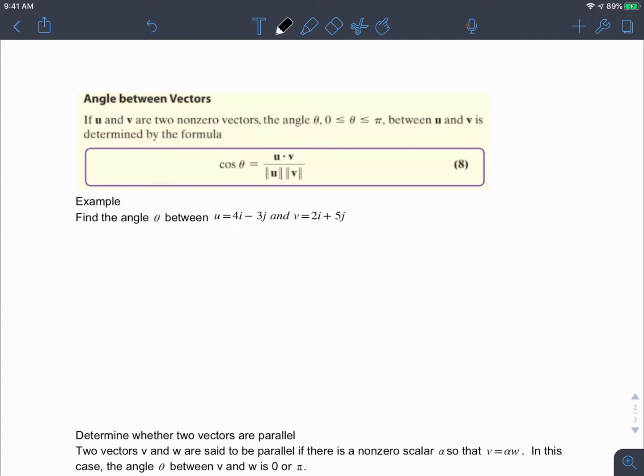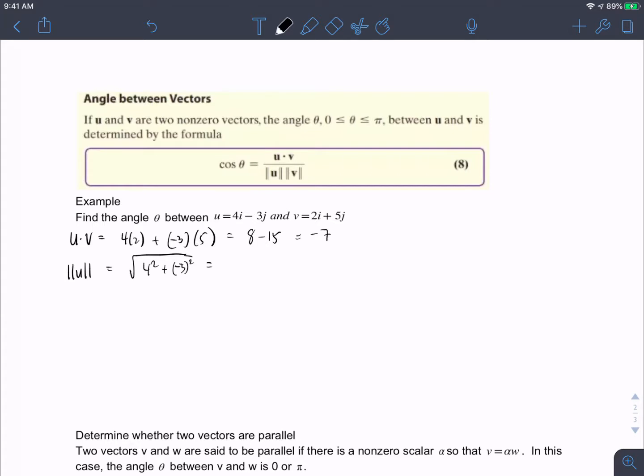So in this example, I'm going to get u dot v, and that's going to be 4 times 2 plus negative 3 times 5. That's going to give us 8 minus 15, or a negative 7 as our answer. The magnitude of u is going to be the square root of 4 squared plus a negative 3 squared.